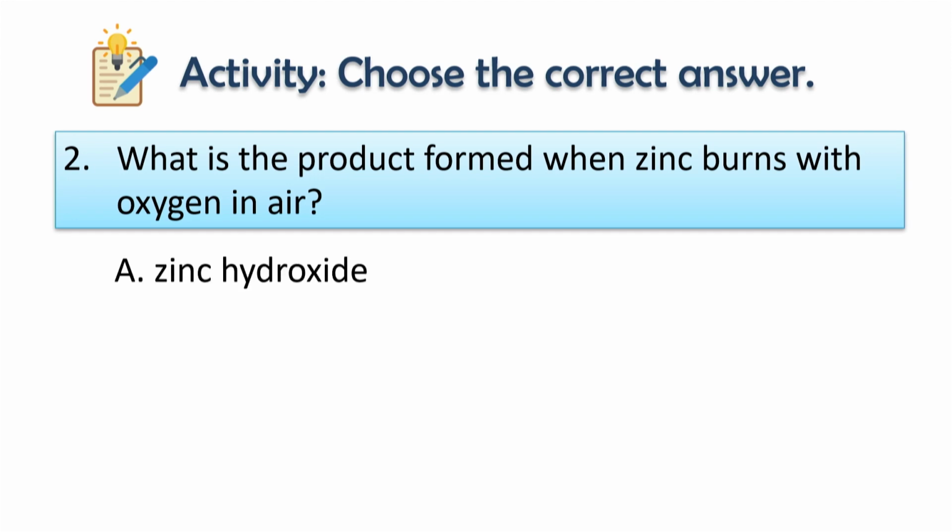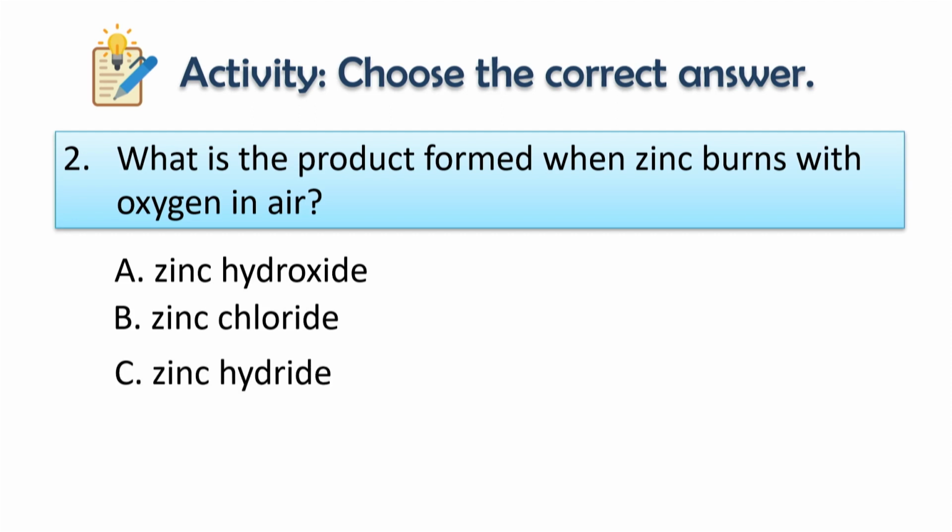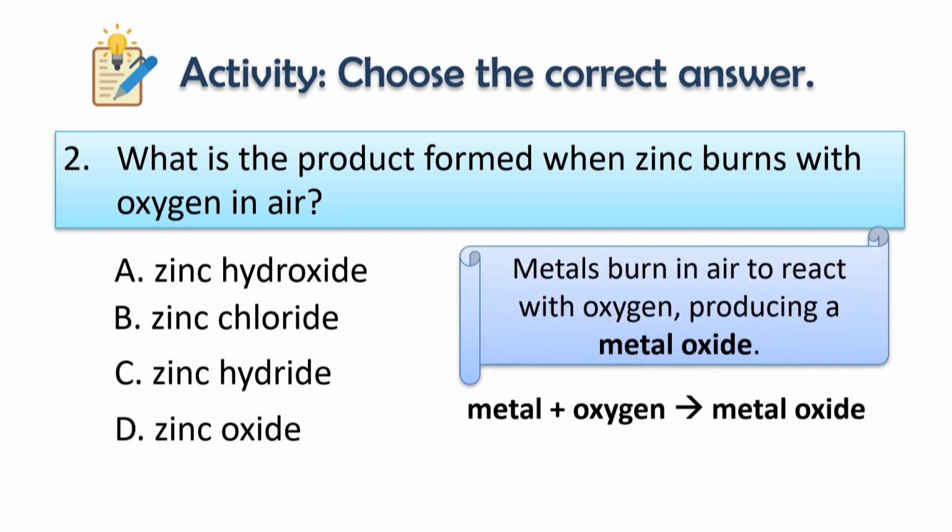Zinc hydroxide, zinc chloride, zinc hydride, zinc oxide. Remember, metals burn in air to react with oxygen, producing a metal oxide. Therefore, the answer is D, zinc oxide.